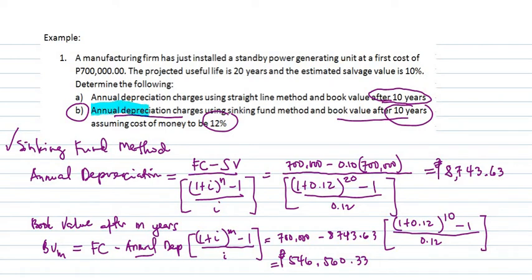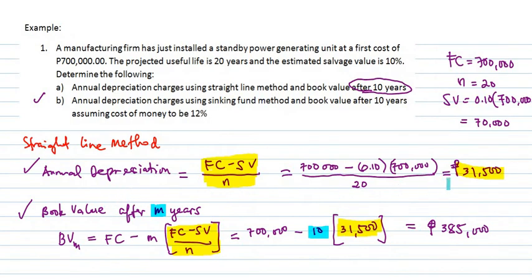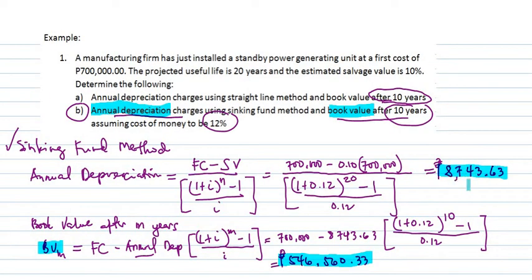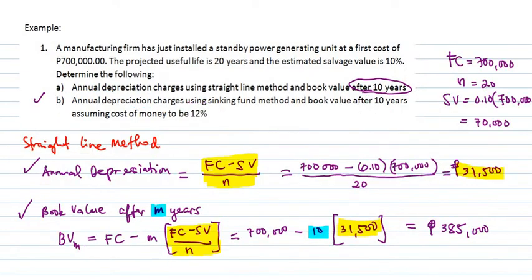So again, when we solve the annual depreciation, this is our equivalent for the annual depreciation using the sinking fund method, and the book value after 10 years is 546,560. If you have noticed, comparing the sinking fund method to the straight line method, the annual depreciation for straight line is 31,500, compared to 8,743 for sinking fund.